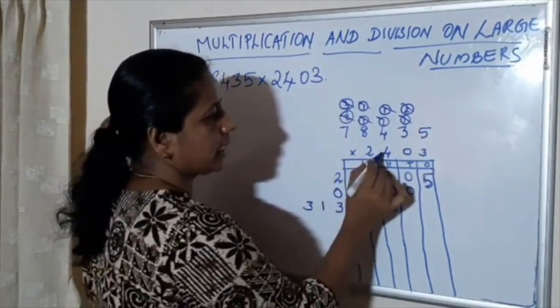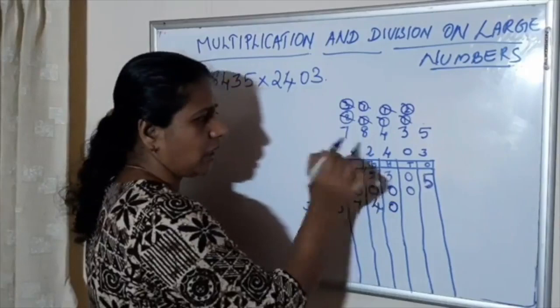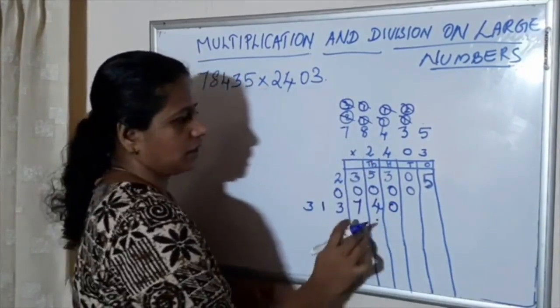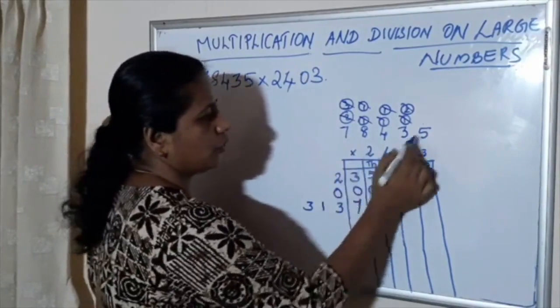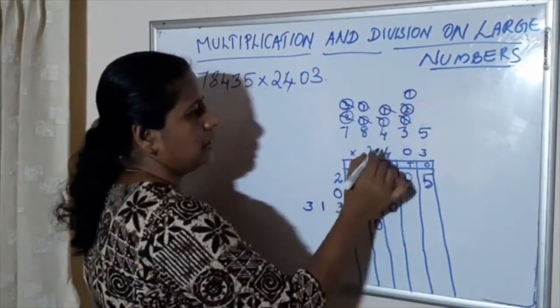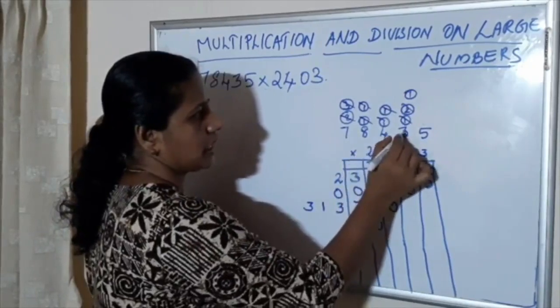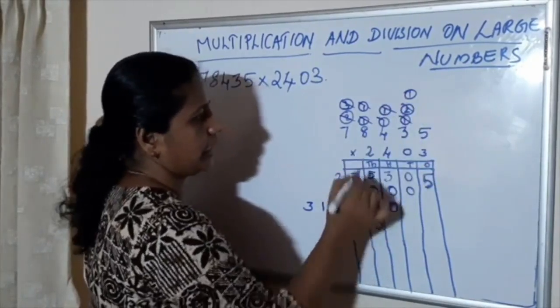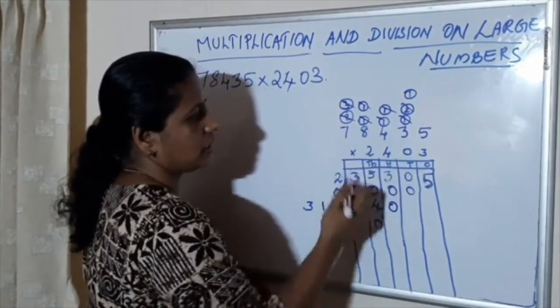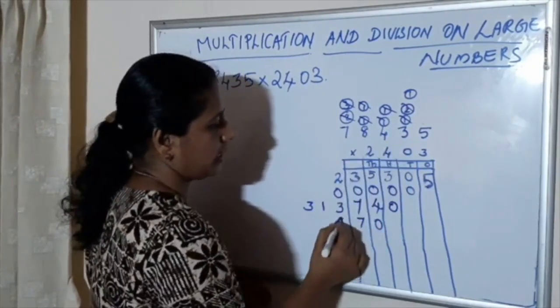Next one, take thousands place and start from thousand. Okay. So 2, 5, 10. Carry over 1. 2, 3, 6. 6 plus 1, 7. 2, 4, 8. No carry over is there. So next 2, 4, 8.